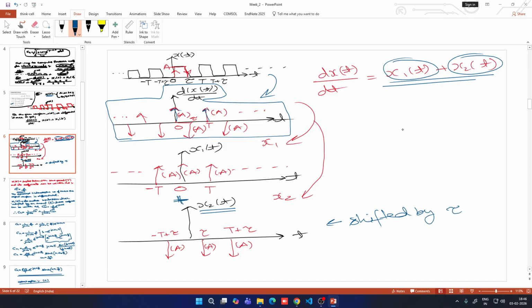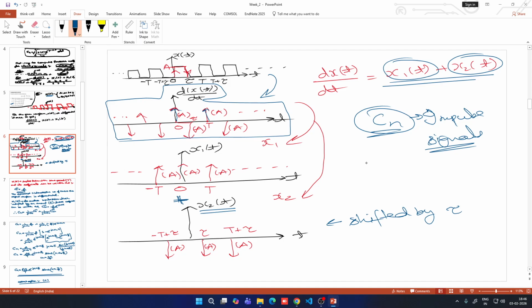We did it because we already know the Fourier coefficient for impulse signals. It's pretty simple.